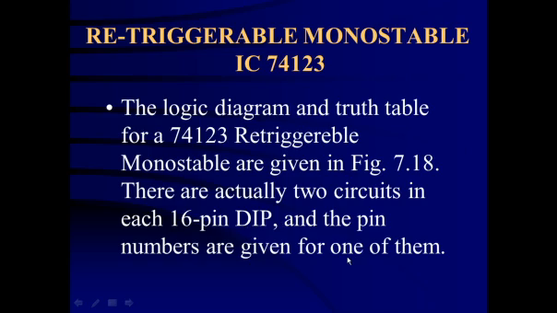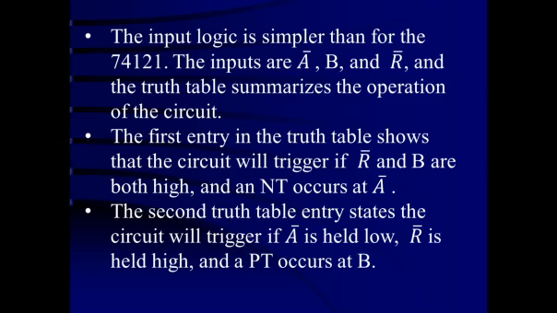That means in this IC 74123, two retriggerable monostable circuits are packed, and the pin numbers are given for one of them. This IC is a 16-pin dual inline package TTL IC.